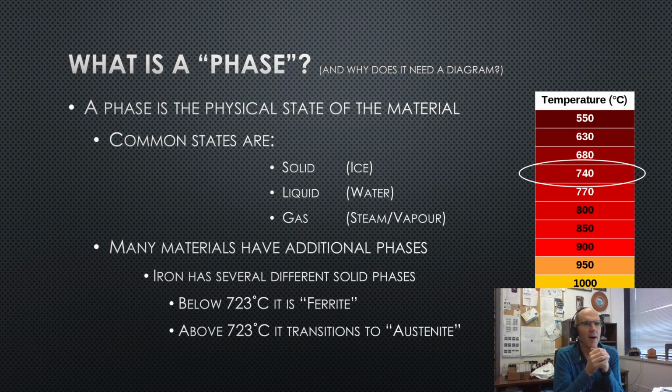What is a phase? Well, we just spent some time talking about that, and we talked about two major phases that we care about. But really, phases exist for all different materials. So, very common ones that we see with water, we've got a solid phase that we call ice, a liquid phase that we call water, and a gaseous phase that we call steam. And water really only has those three phases.